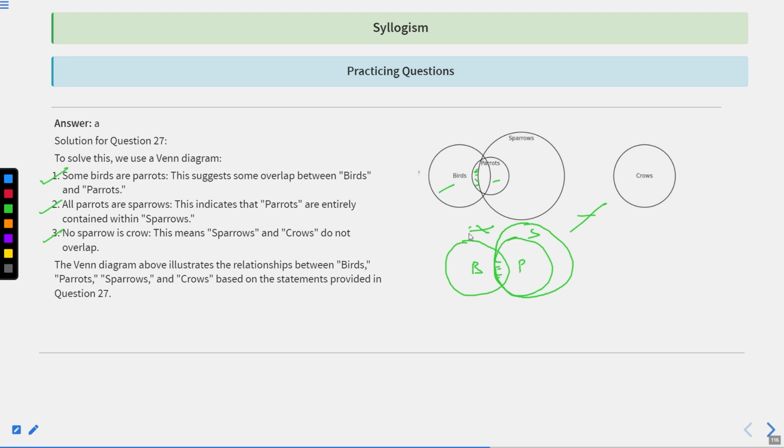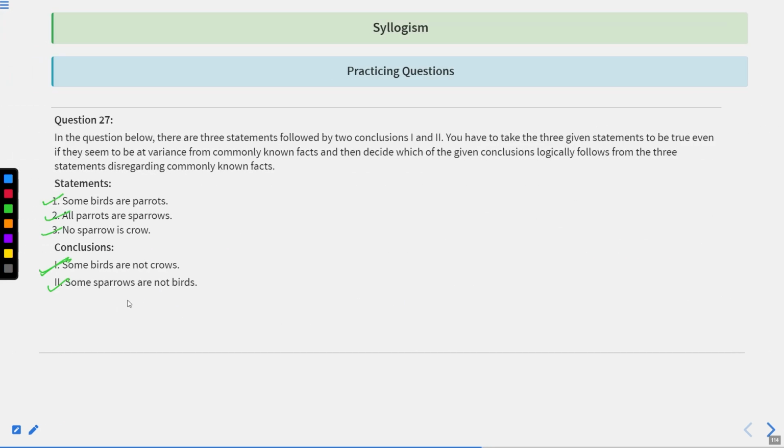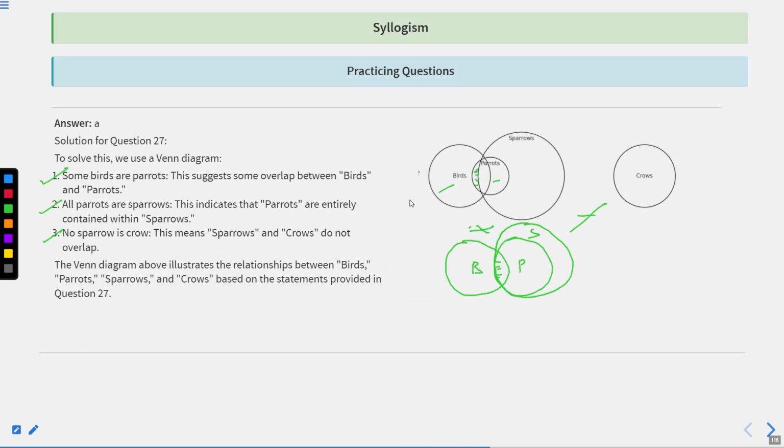But some birds are not sparrows. Some birds are not sparrows. This we cannot tell because there is no direct relation between birds and sparrows. अगर इस particular question में यहाँ पे word लिखा होता some sparrows are birds, then yes, we could have taken that into consideration because there is some overlap between parrots and birds, so we could have said that.